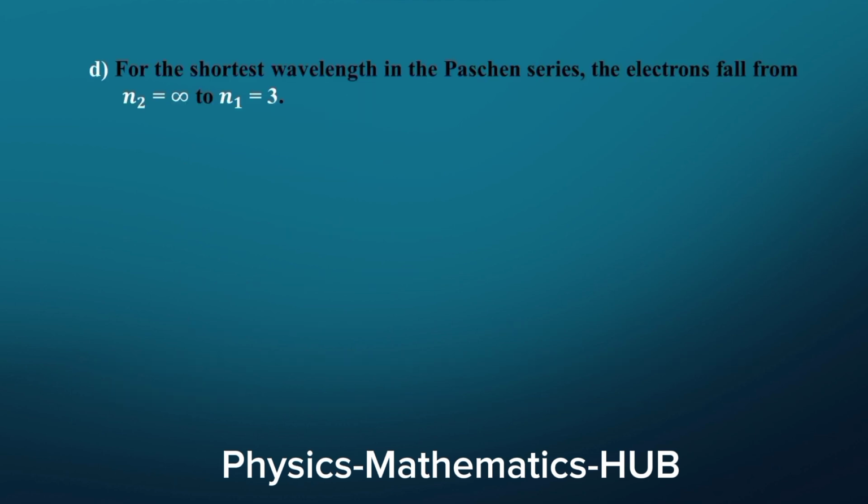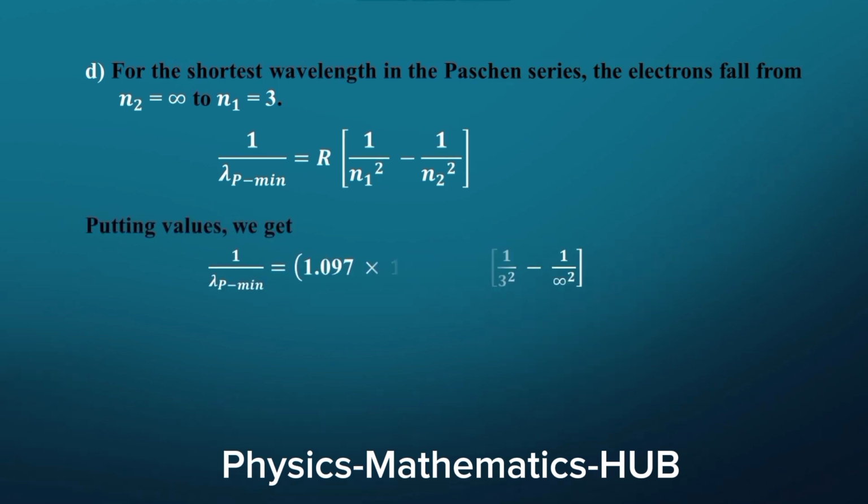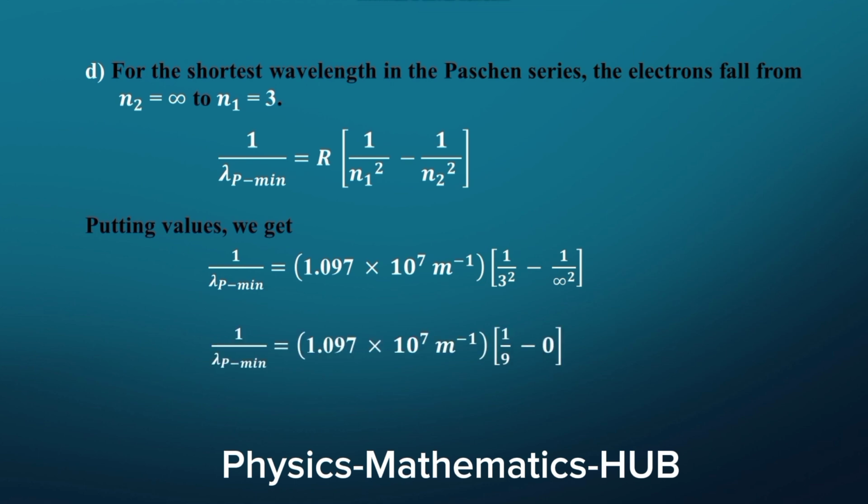The shortest wavelength in the Paschen series occurs when the electrons fall from infinity to the third level. Again using the same formula, putting the values. Here we put n2 is equal to infinity and 1 over infinity square is equal to 0.